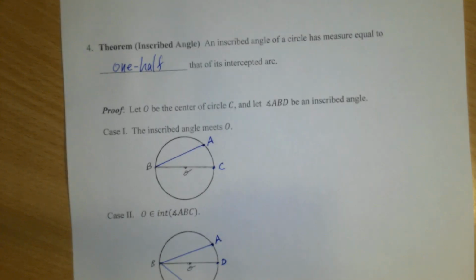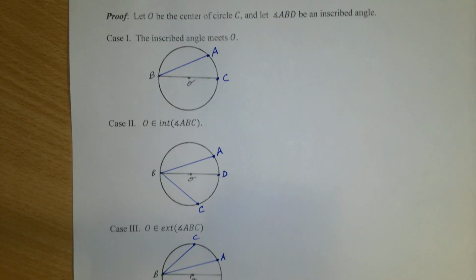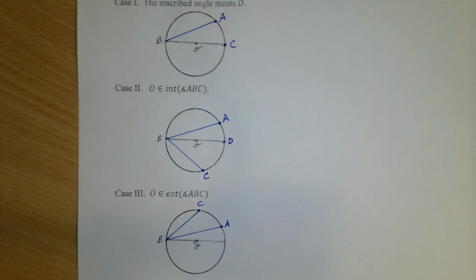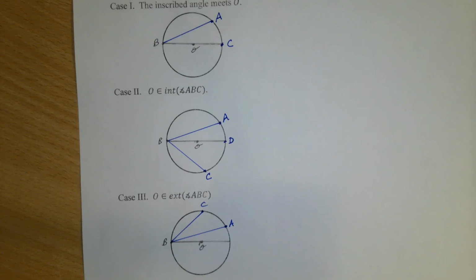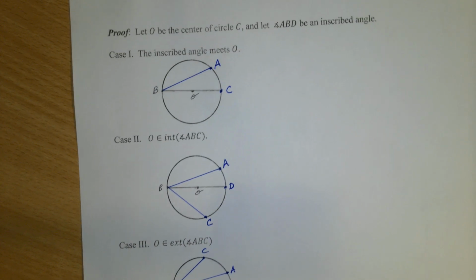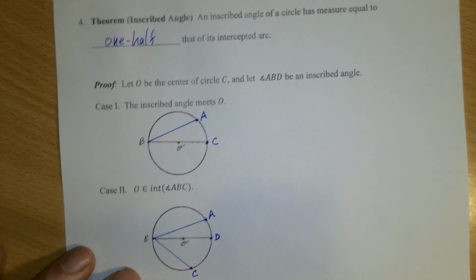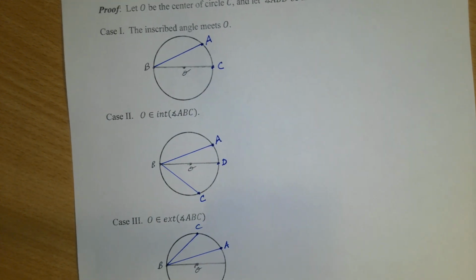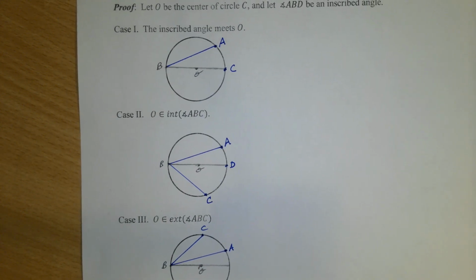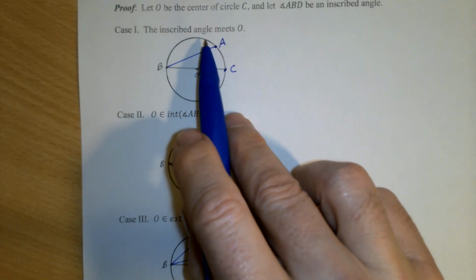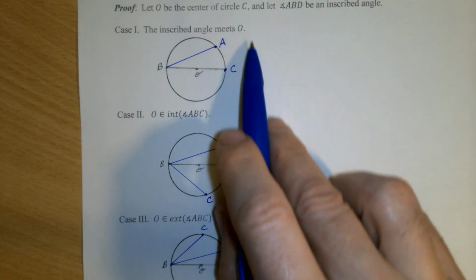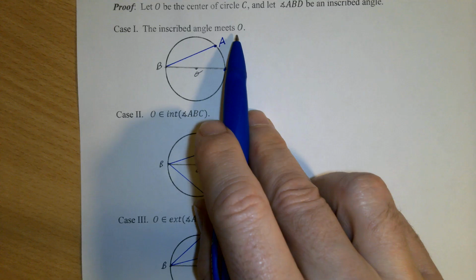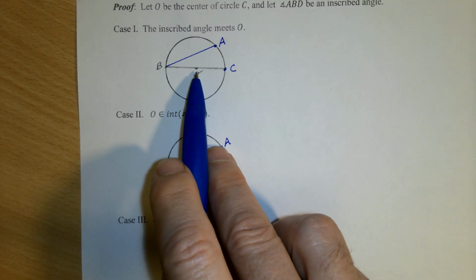Okay, so here's what the proof is going to look like. There are 3 cases. When we prove the 3 cases, they're the only 3 possibilities, and we will be done with the proof. Let's describe the cases first before we do the proofs. Case 1 is the inscribed angle meets O. In other words, one of the sides of the angle meets the center of the circle.